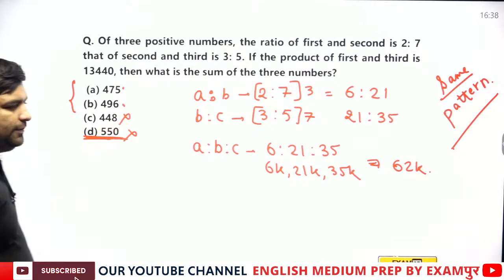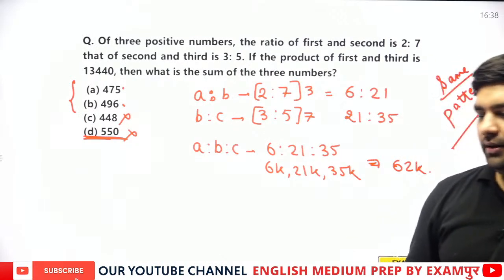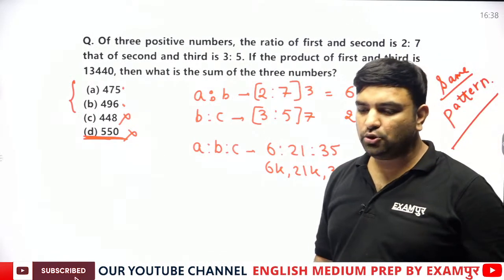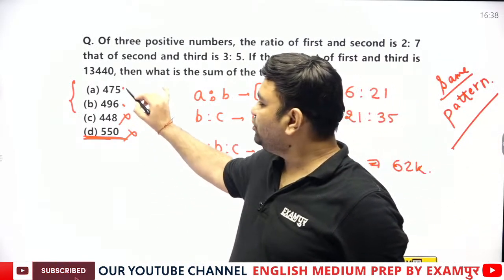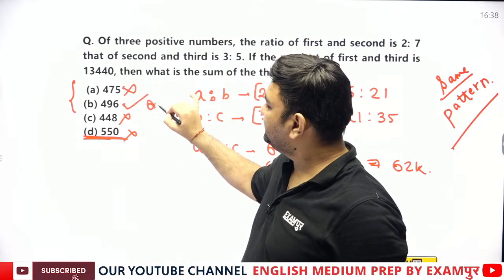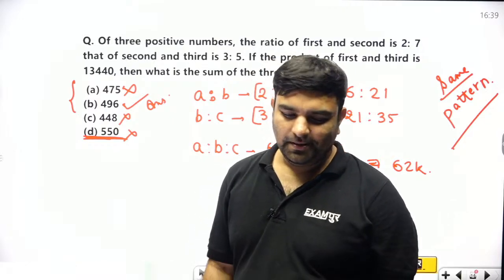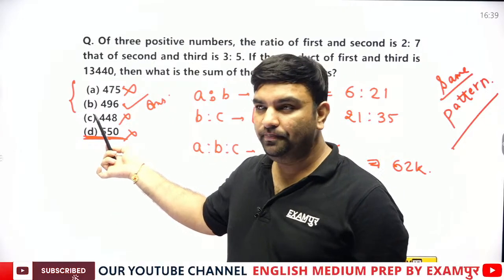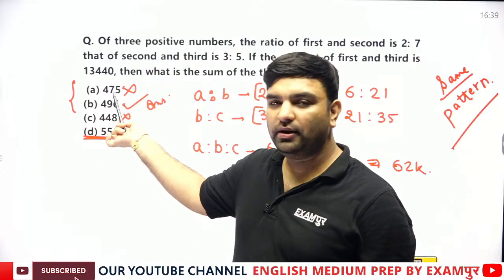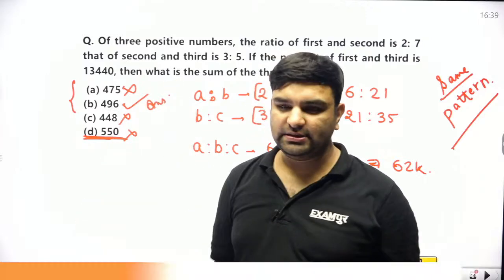You can go for 62 as well, guys. When you go for 62, this odd number will also get out of the race, and only answer is 496.